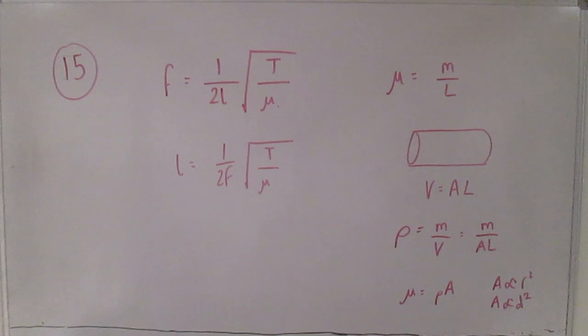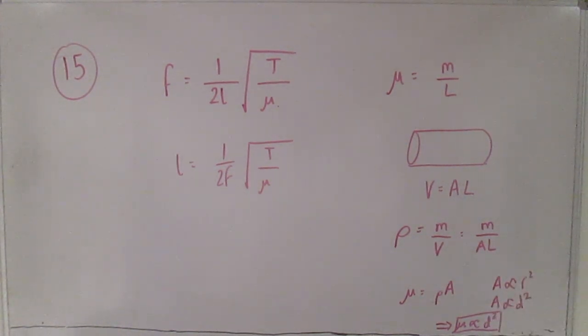So what I'm saying is that because rho is a constant, it's the same density for both, the implication of all of that is that mu is proportional to the square of the diameter, is the important thing.